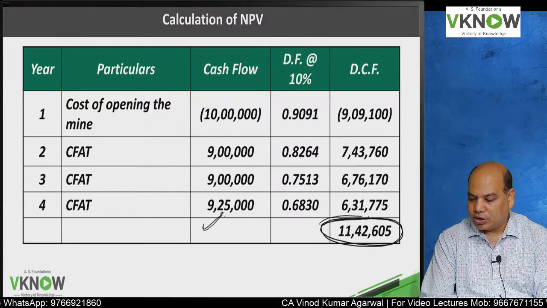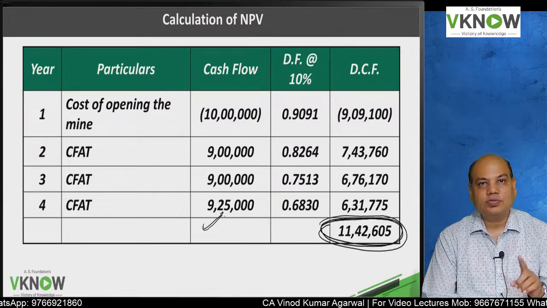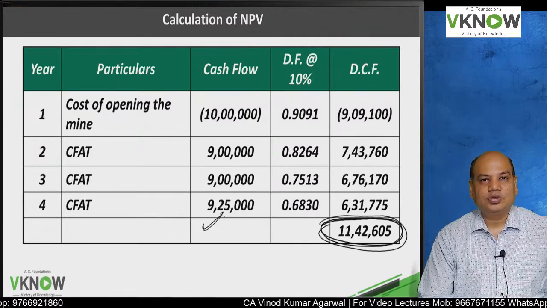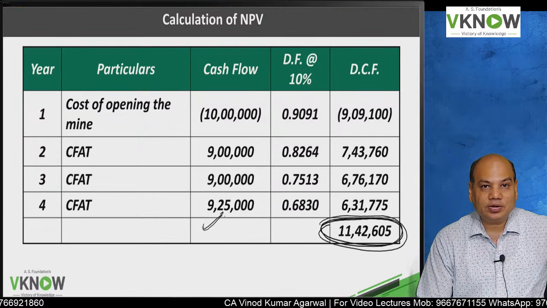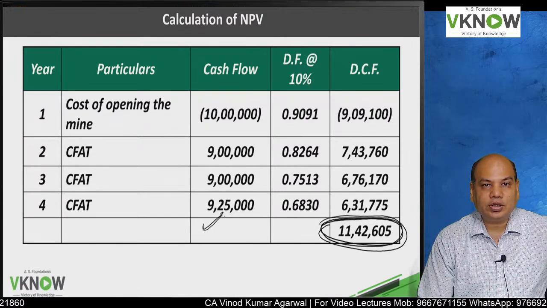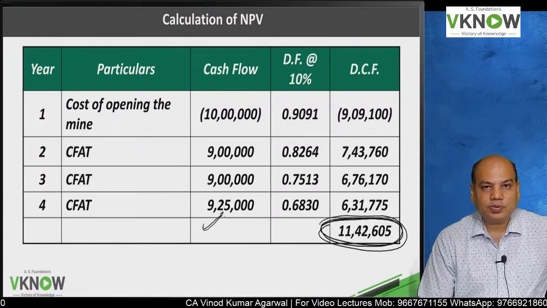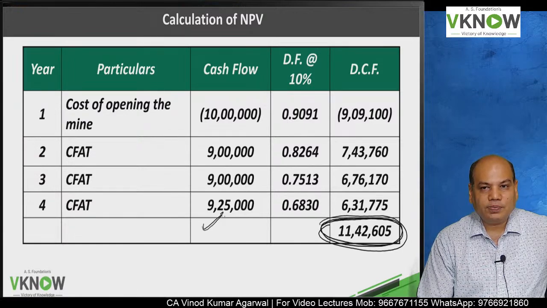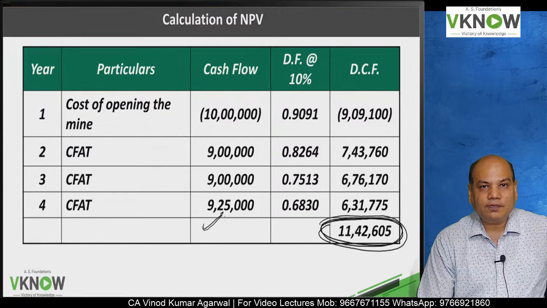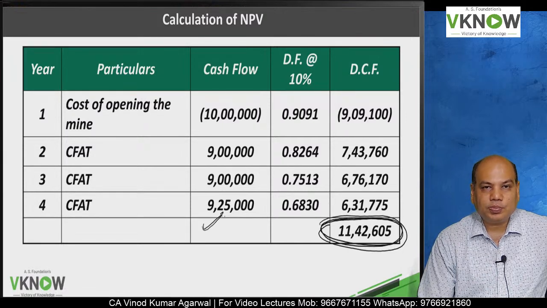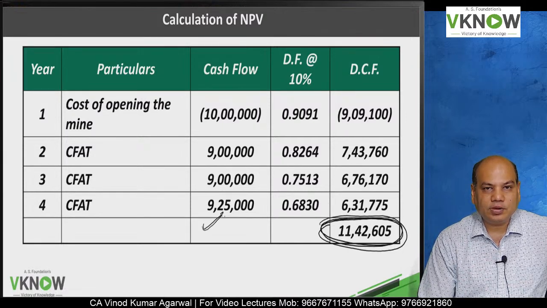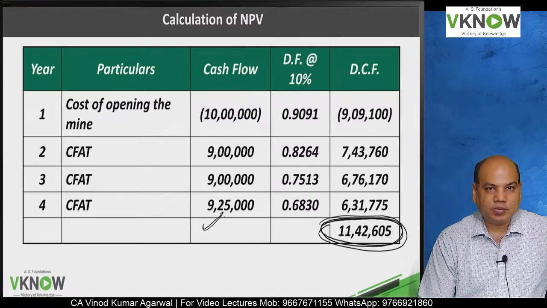But the probability of getting this is 0.5. Oh my God, that also you have to keep in mind. We are evaluating whether to postpone the project for 1 year. If we postpone, there are two possibilities: 5500 with 0.5 probability, 4500 with 0.5 probability.